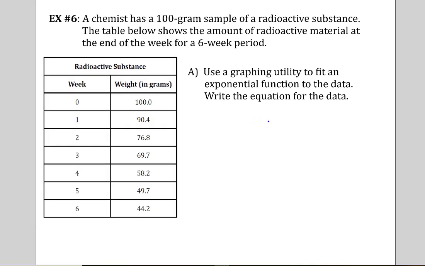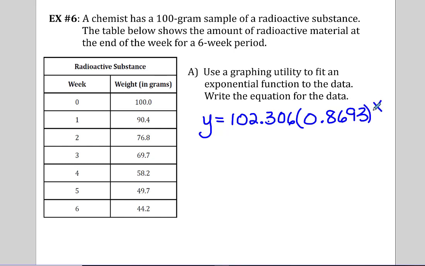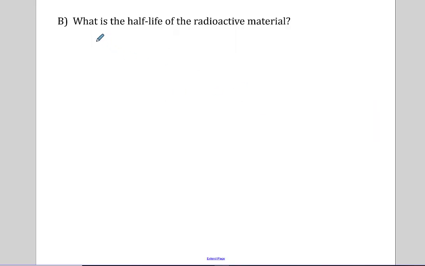Okay. So this calculator gave us the model 102.306 times 0.8693 to the x. And we want to know, using that model, on part B, what's the half-life?